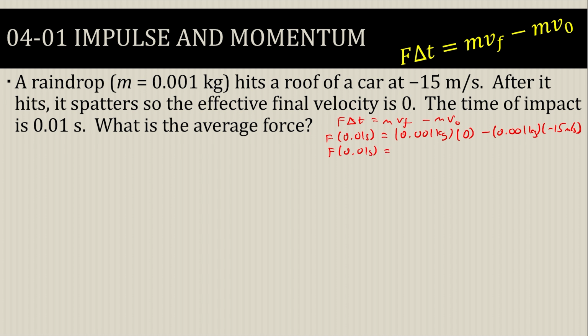So that gives me 0.015 kilogram meters per second. It's positive because we have negative times negative. And then we divide, and that gives us 1.5 newtons, which doesn't seem like much force, but remember, it's just a raindrop.